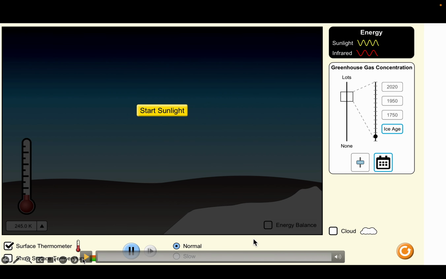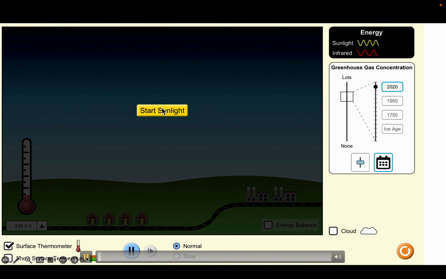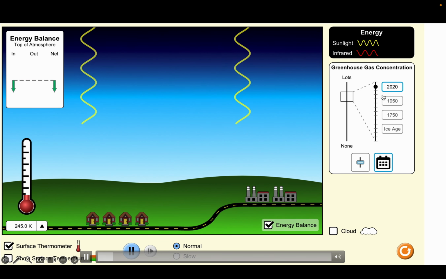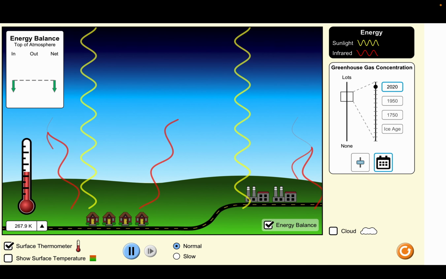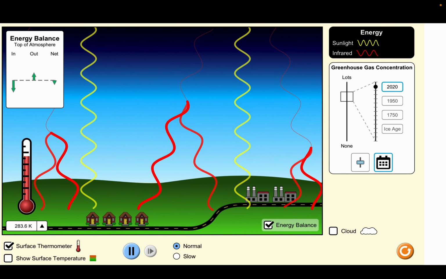Let's look at the same thing, but more in the present day. This is with greenhouse gases similar to what were found in 2020. We again have sunlight striking the planet. We have infrared rising upward, some of it continuing on, but some of the infrared also redirected towards the planet.